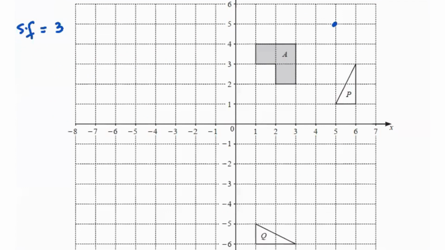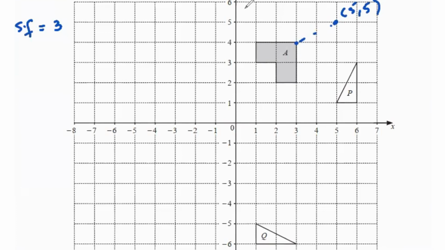Since our center is 5, 5 over here, if you look at the distance of this point from our center of enlargement, that's 2 blocks. So that means the enlarged shape will have a distance of 6 blocks from that point because the scale factor is 3. So 3 times 2 is 6.